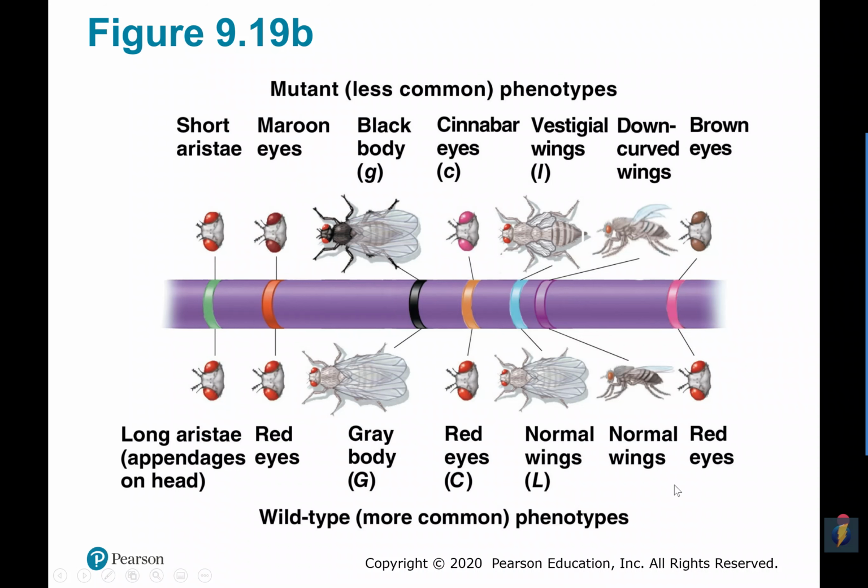Here are the wild phenotypes. And then here are these resultant recombinant types of offspring that have been made, because these are traits that would normally be inherited together, but due to the crossing over are resulting in different combinations and different appearances for flies like these.